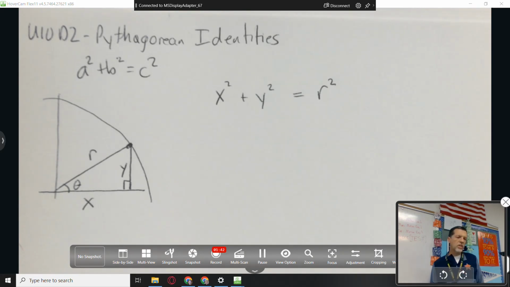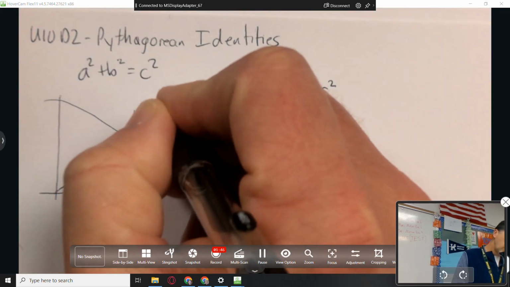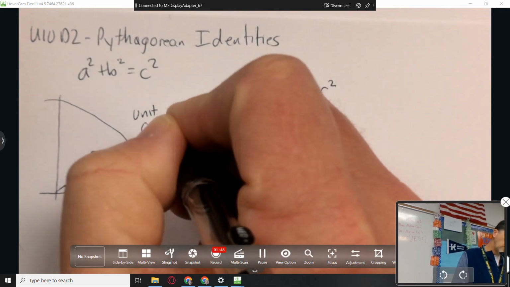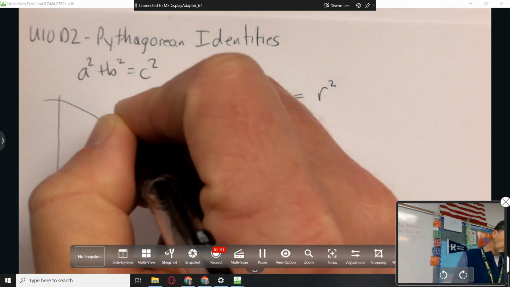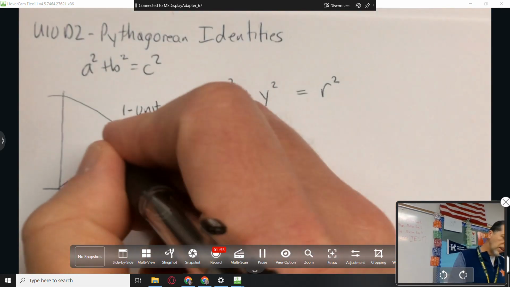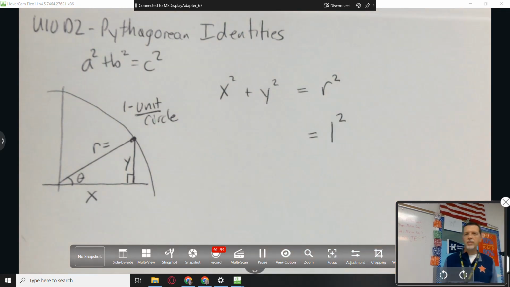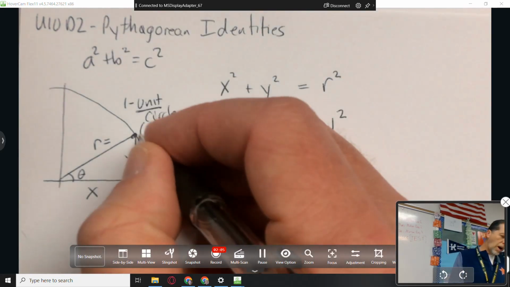In the unit circle, do you remember why we called it the unit circle, the 1 unit circle? Because radius is 1. Okay, so we could replace r with 1 squared, which is just 1. And how about that x coordinate?